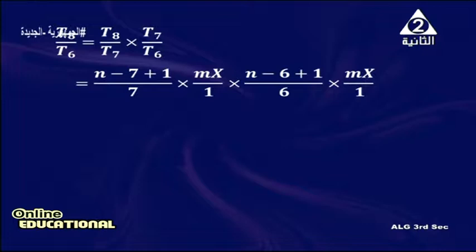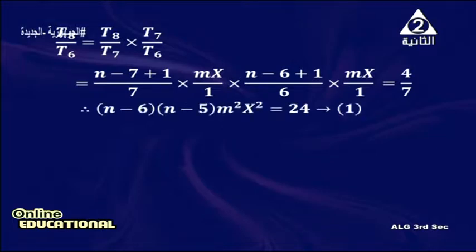Then the first fraction, (n − 6) over 7. The second fraction, (n − 5) over 6. (mx)^2 equals 4 over 7. Then, my dear student, this is equation number 1: (n − 6)(n − 5)m²x² = 24.